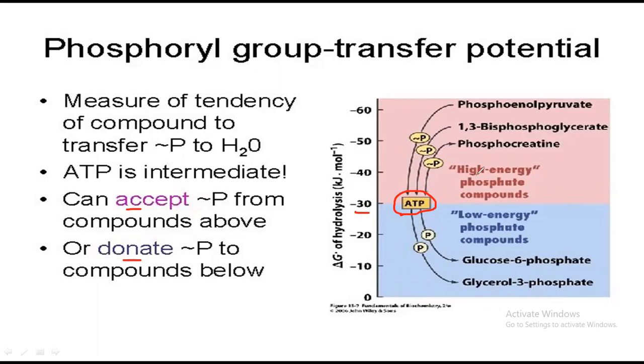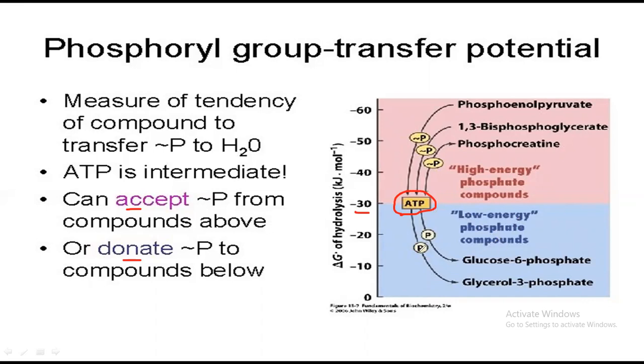But there are some compounds that contain phosphate, and they are in a much higher energy state than ATP. Again, as I have told you, ATP is in a very high energy state, so it wants to give its phosphate to the lower energy phosphate compounds.